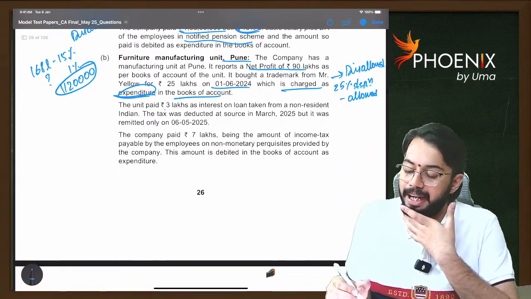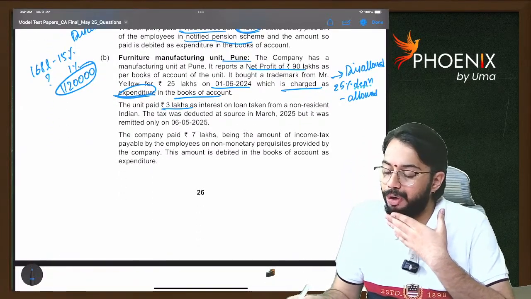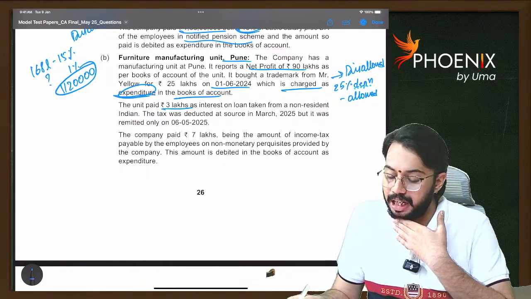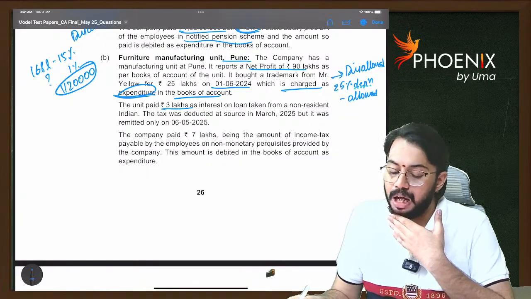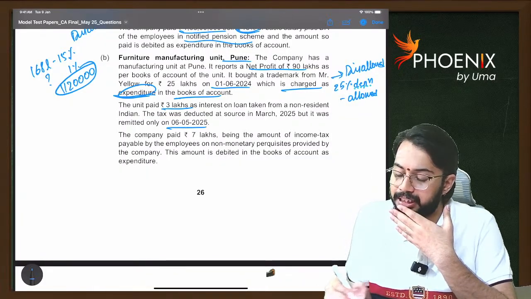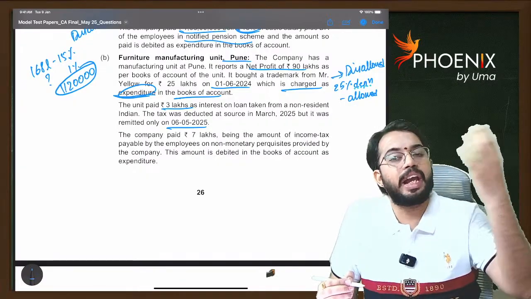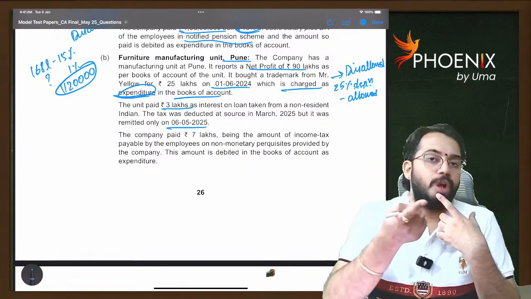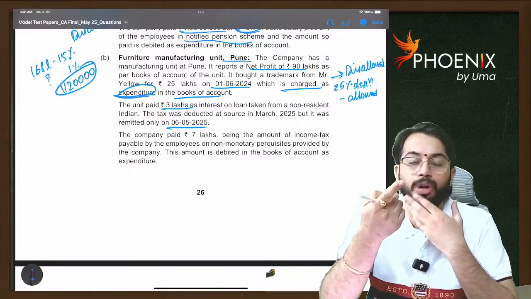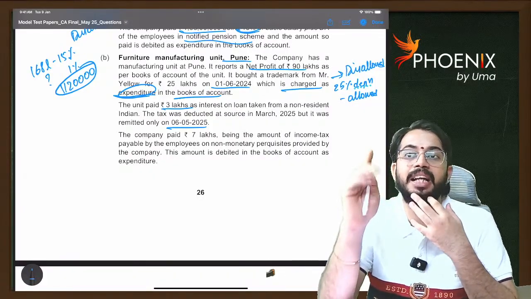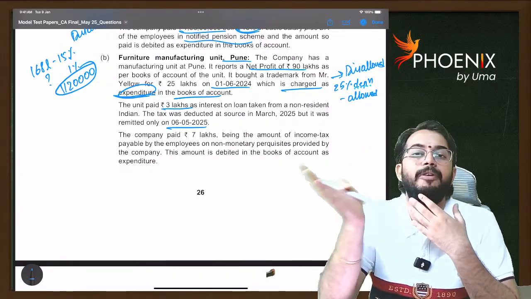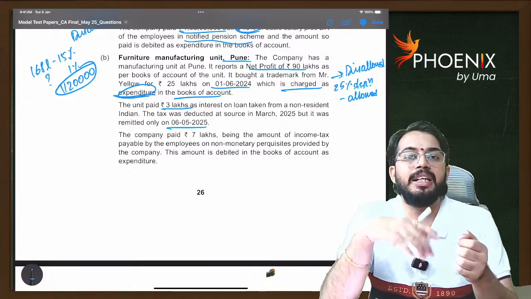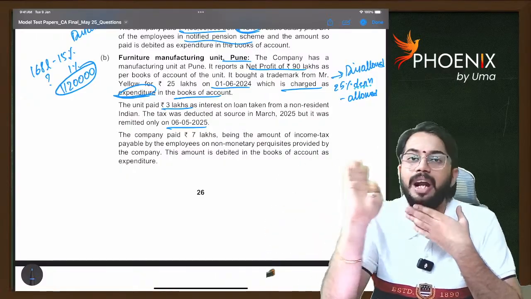Next, unit paid 3 lakhs as interest on loan taken from a non-resident Indian. The tax was deducted at source, but it was remitted only on 6th May. See, loan taken from non-resident, interest paid to non-resident. Whatever the interest paid to non-resident is there, on such interest, TDS is required to be deducted before 31st March. Deducted TDS is required to be deposited before ITR due date.